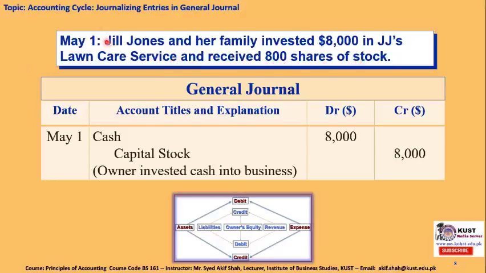Now, after analyzing this transaction, we came across that Jill John invested $8,000 into the business organization. So as we know that this $8,000 is cash, and the cash level with JJ Lawn Care Service will increase.